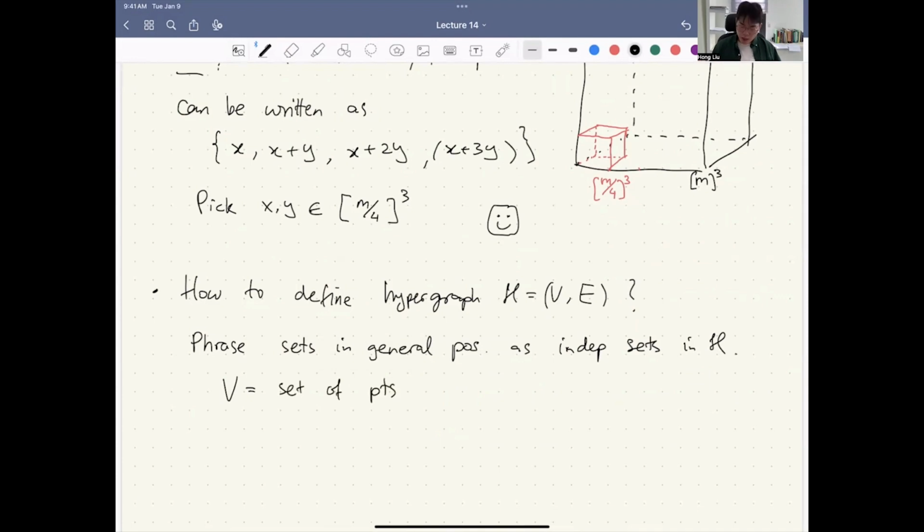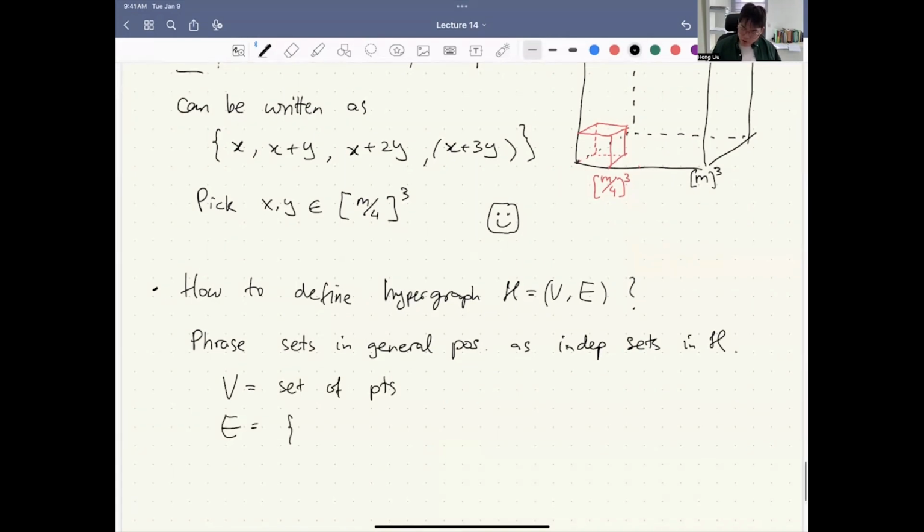The edge set, so this is a 3-uniform hypergraph, consists of all collinear triples.